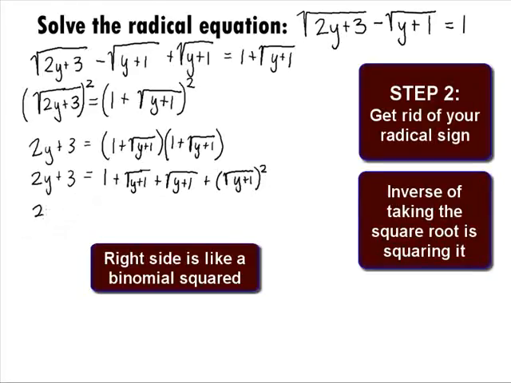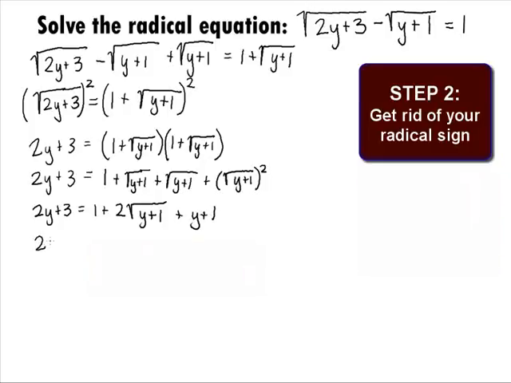This will simplify to be 2y plus 3 equals 1 plus 2 square root of y plus 1, and when we square that square root, we end up with y plus 1. This will simplify to be 2y plus 3 equals 2 square root of y plus 1 plus y plus 2.